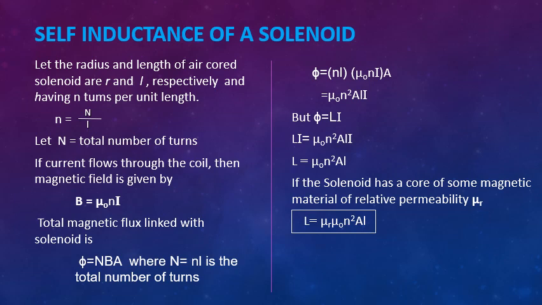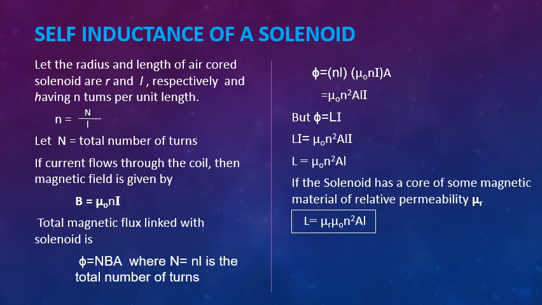Therefore, the equation for flux becomes phi is equal to n l into mu naught n i into A, that is equal to mu naught n square A l I. We know that flux phi is equal to L into I. Therefore, comparing both the equations, we get L I is equal to mu naught n square A l I. Cancelling I on both sides, we get L is equal to mu naught n square A l.